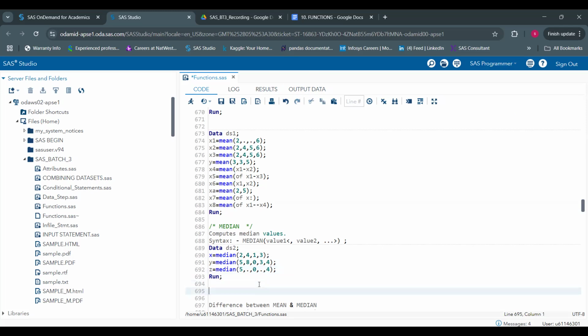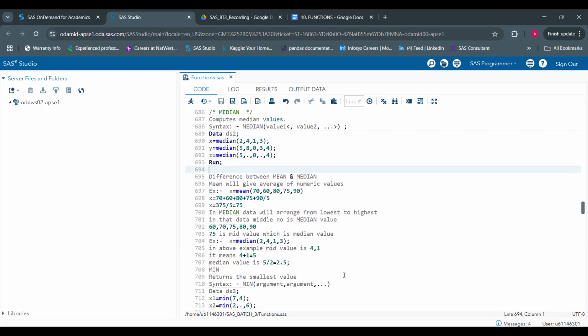We thought our answers could be missing value, 0 and 4, three answers. Our final will be 4 because these functions ignore the missing values and treat the rest of the values in ascending order, and the middle value will be the median. Got it, ma'am?